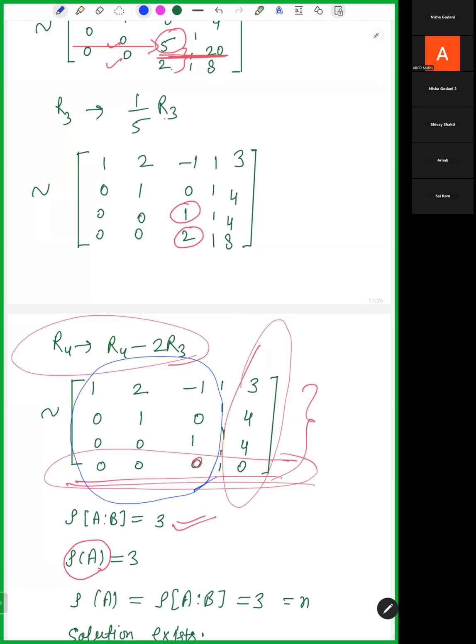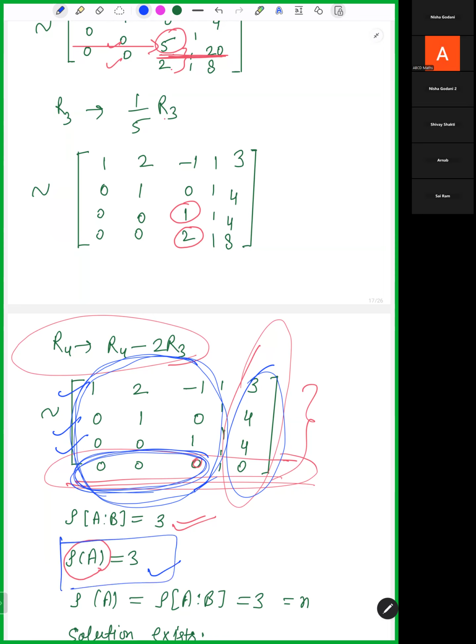So what is the rank of this matrix of order 4 cross 3 after hiding the B column? The rank is again 3, because it has a row of all zeros and 3 non-zero rows. So that is why the rank of A is 3.